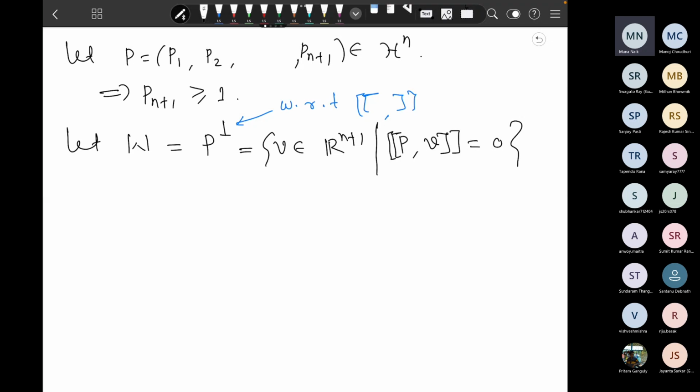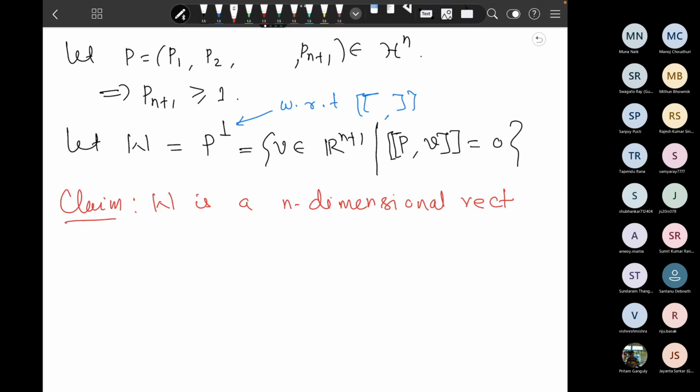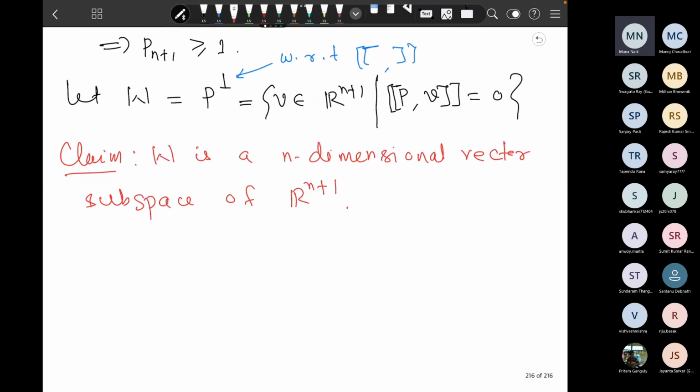So I have to really prove that the dimension of W is n first. Claim: W is an n-dimensional vector subspace of R^{n+1}.